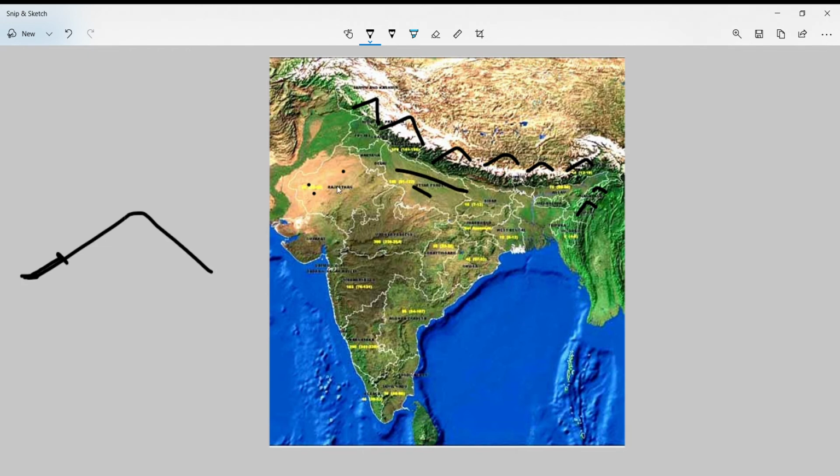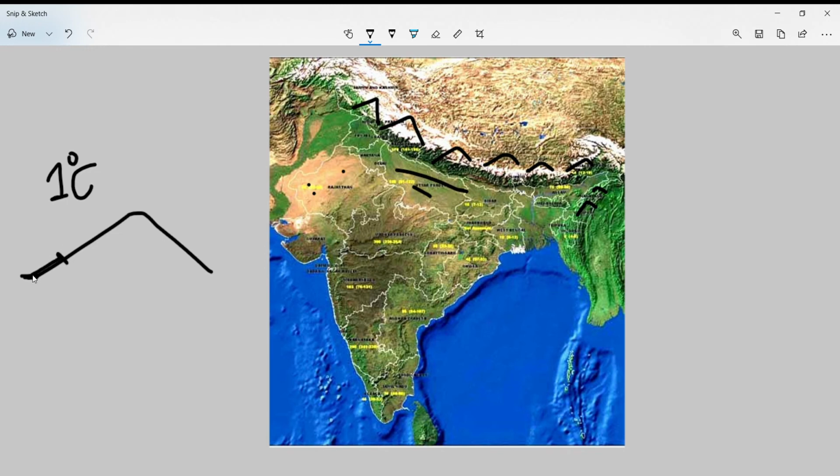As a result, the low-lying areas will always have high temperature while mountains will have cold temperature. If there is a question why Ladakh has cold temperature, you will say because temperature decreases with increase in height. And what is the rate? From class 9, temperature decreases at the rate of 1 degree Celsius after every 165 meters.